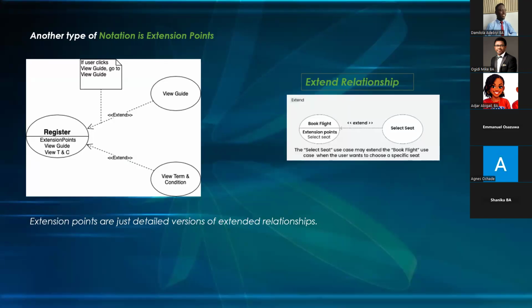So that becomes an extension point. Does that make sense? Yes, it does. A lot of sense. Now, an extension point is simply giving you a choice. An extend does not give you a choice. You have an option, an extension point.